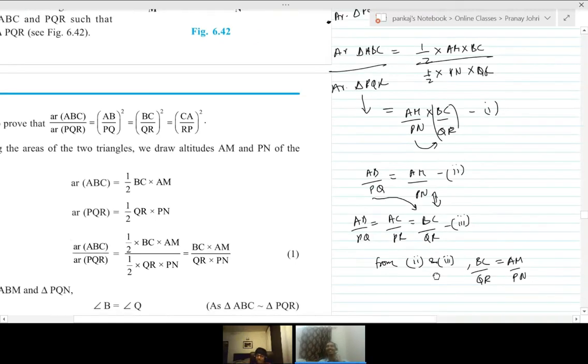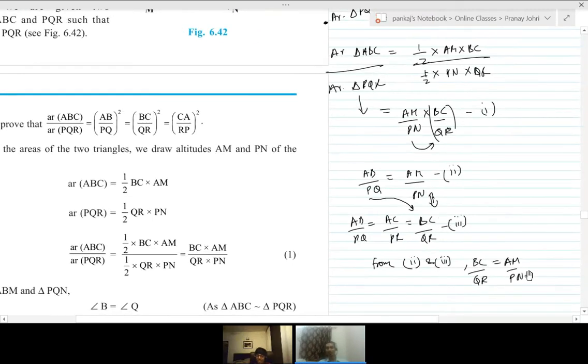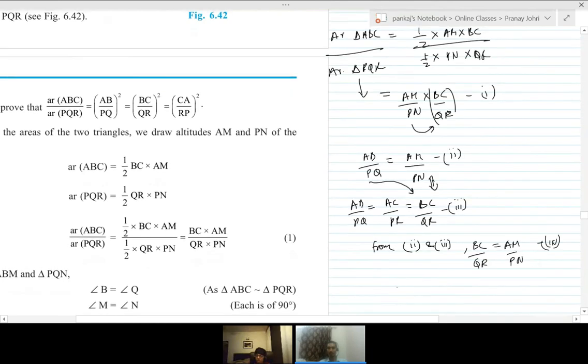So this is true. From the first and fourth, we got this.